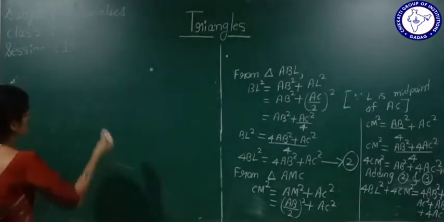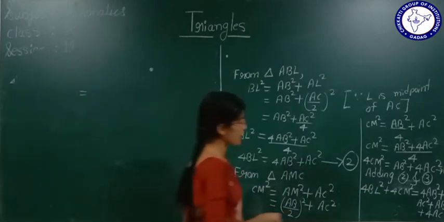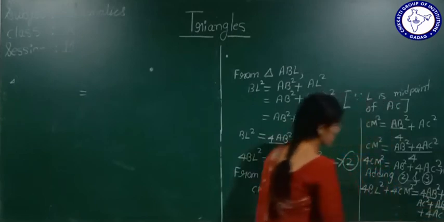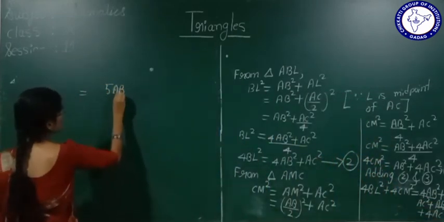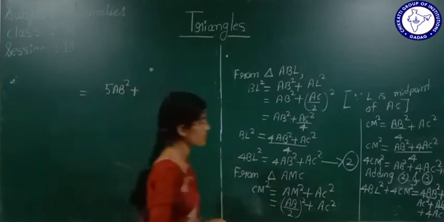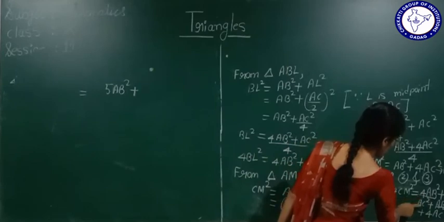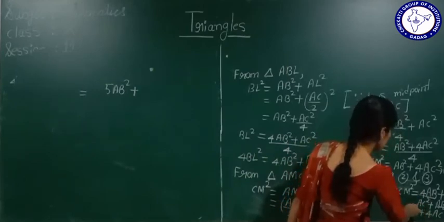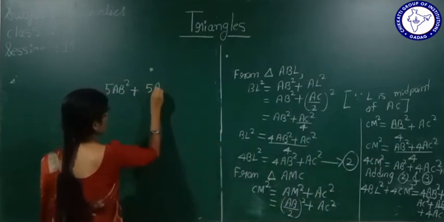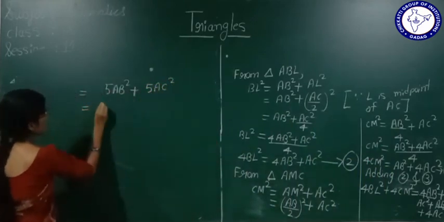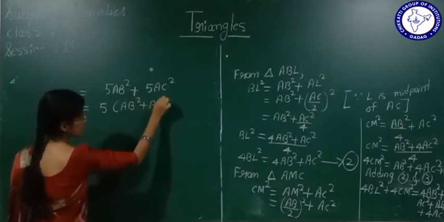Now it will become 4AB square plus AB square, which is 5AB square, plus 5AC square. If we take 5 common, AB square plus AC square.